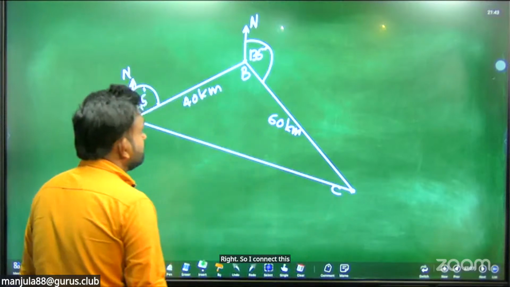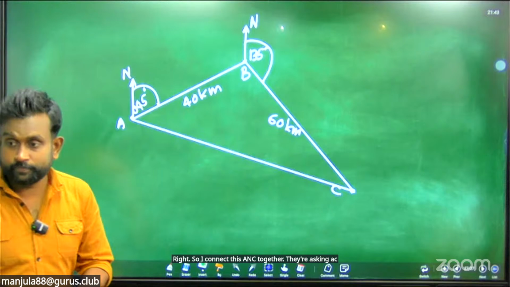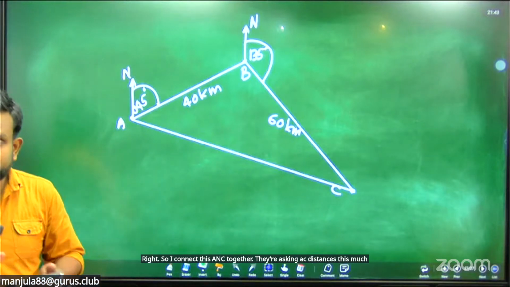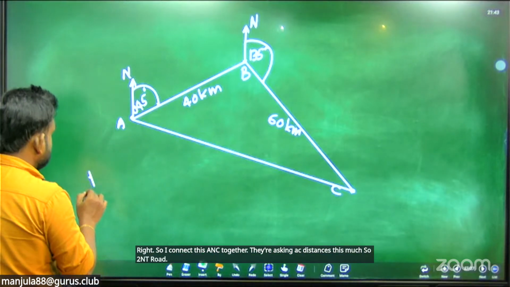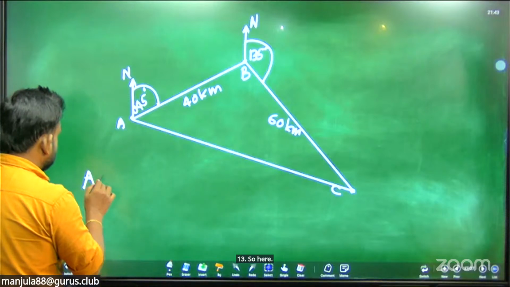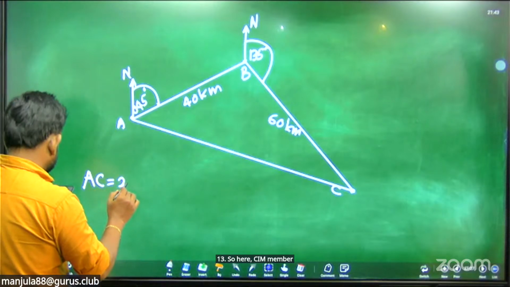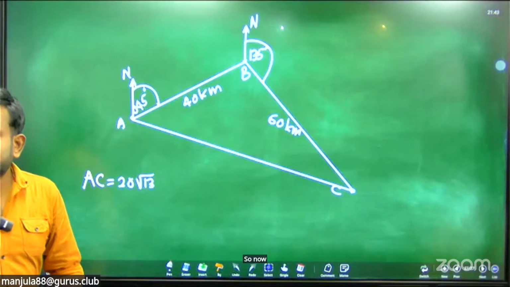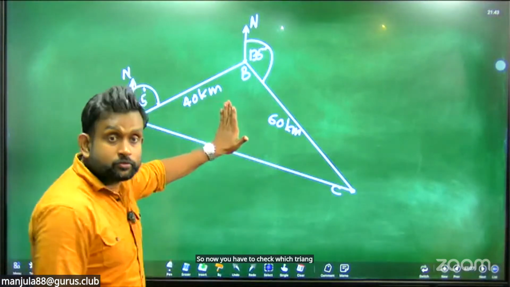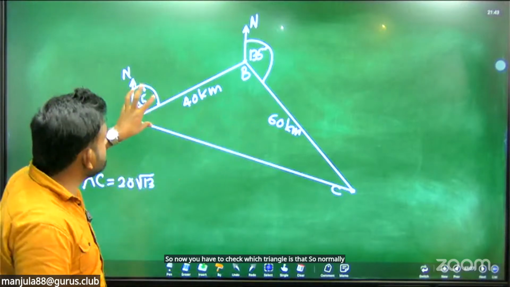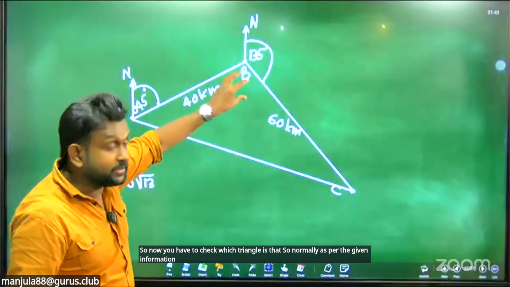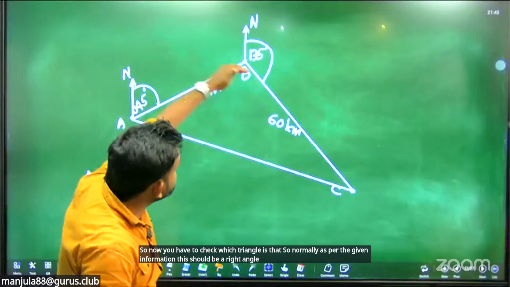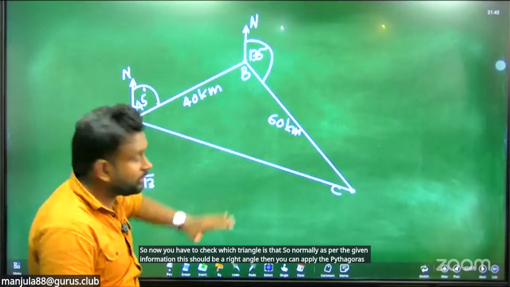They're asking AC distance is 20 root 13. So now you have to check which triangle that is. Normally, as per the given information, this should be a right angle. Then you can apply the Pythagoras theorem, right? And you can find the AC.